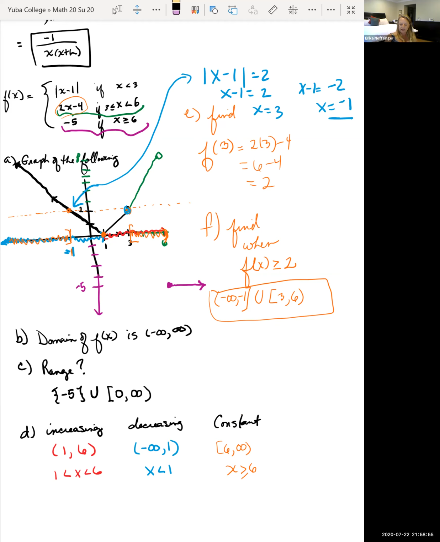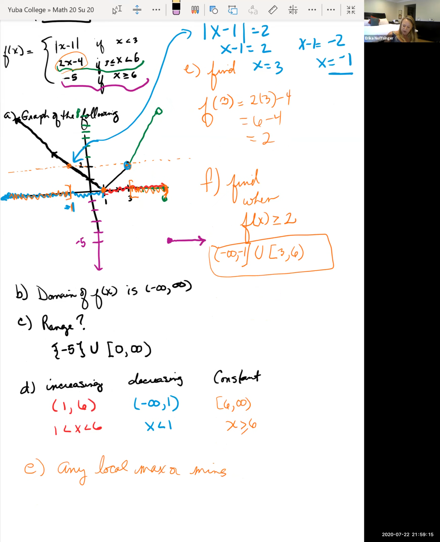And then we say the x value tells us where it is, at x equals 1. Okay, so I notice that we have a local min of 0 at x equals 1.